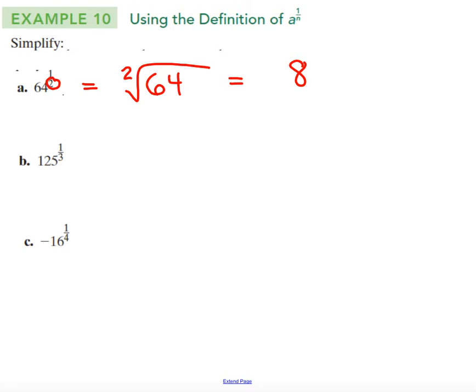All right, example B, 125 raised to the 1/3 power, so fractional exponent. So 125 will be the base, your radicand. The denominator is 3, so that's going to be a cube root. So the cube root of 125, you can break down 125 as 5 times 25.